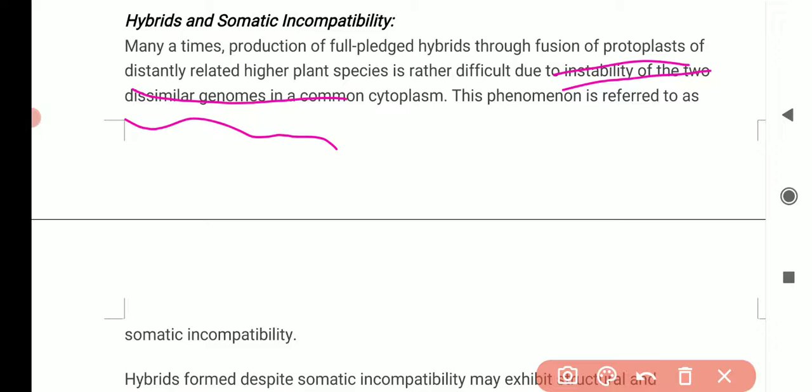So when you try to fuse a plant species, let's say Orchidaceae, with an alga or a bryophyte, they are so distantly related. It's so difficult, no? Even if you are able to fuse them, it will unfuse itself or break down.